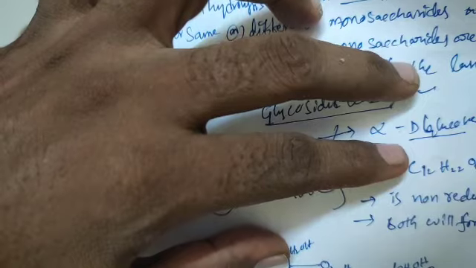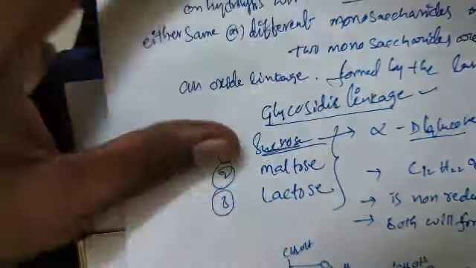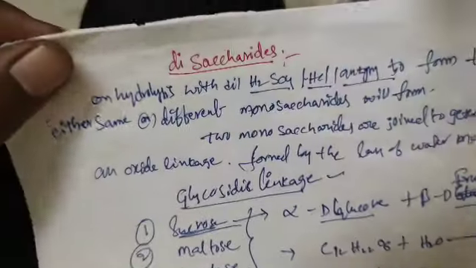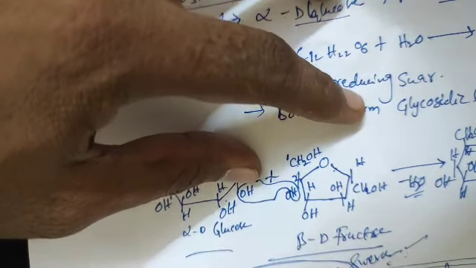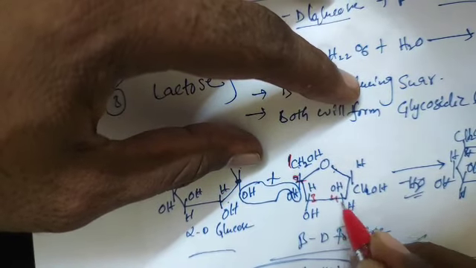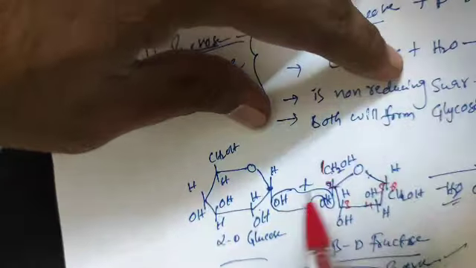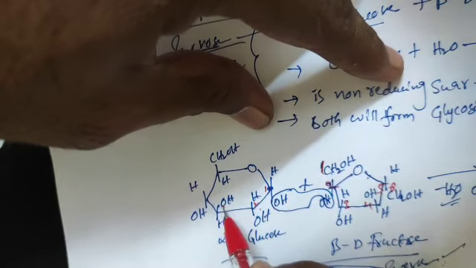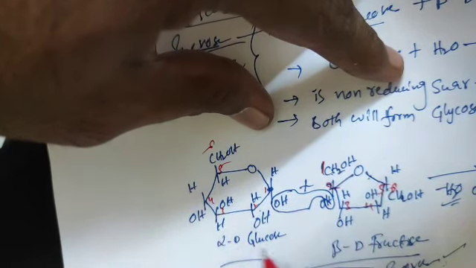This is the first carbon for fructose, this is the second. You are seeing where I am writing, okay. This is the red pen. This is first carbon, then second, third, fourth, fifth, sixth in fructose. Here it is 1, 2, 3, 4, fifth carbon and this is the sixth carbon.